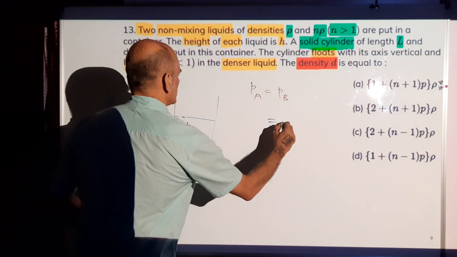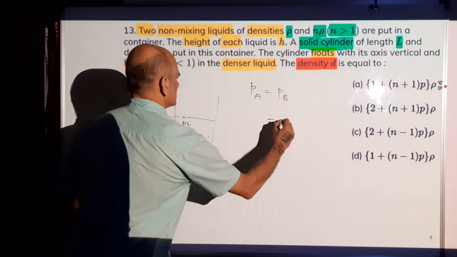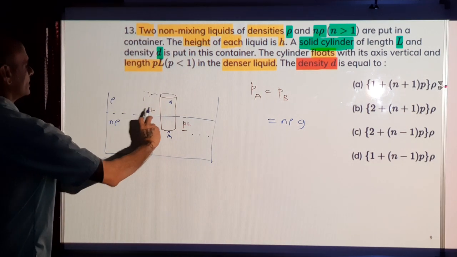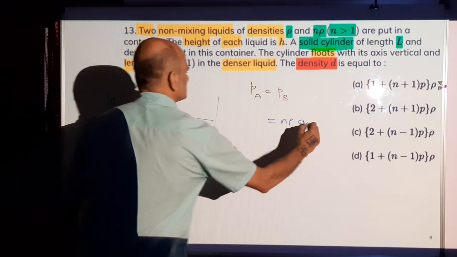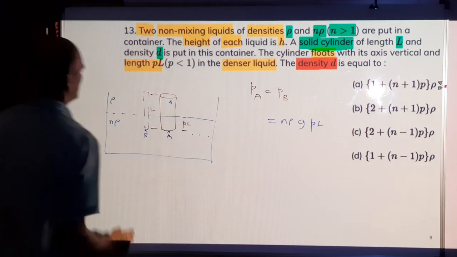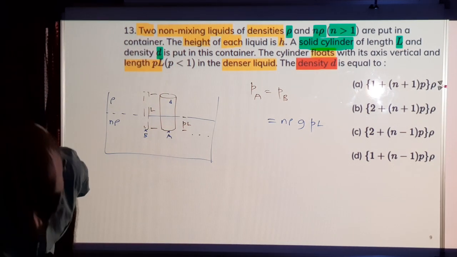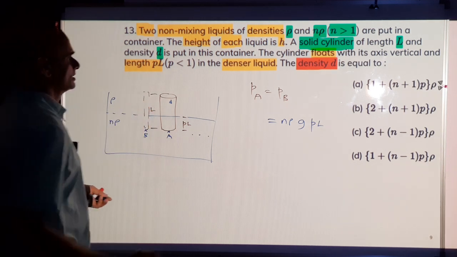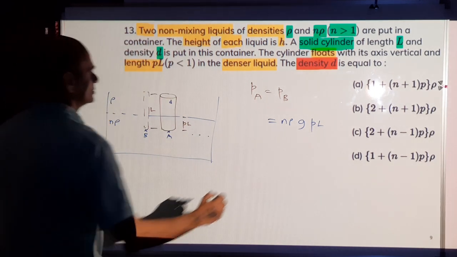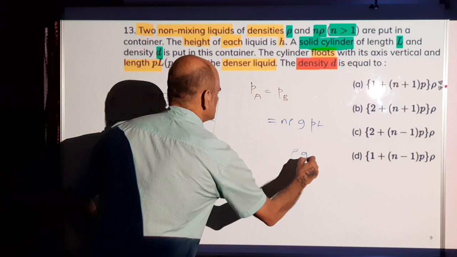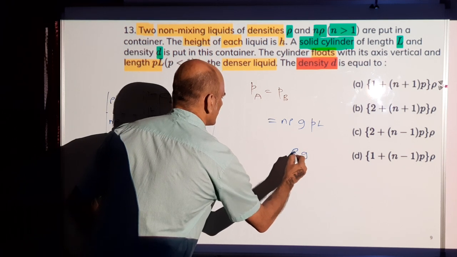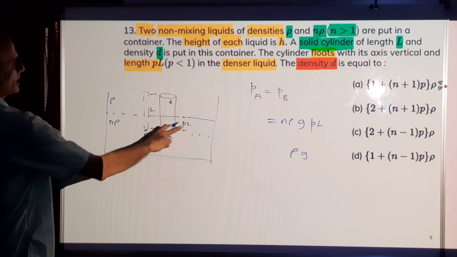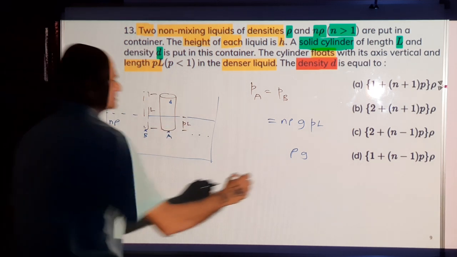So n rho, the density of this liquid, G into the height of this liquid, that is PL, plus the weight of this much of liquid, rho GH of that liquid, so rho G, and the height of this one is, the length is L and PL has gone here, so it's L minus PL.